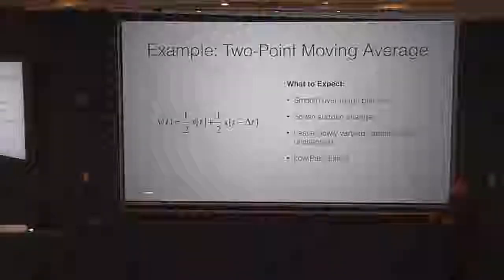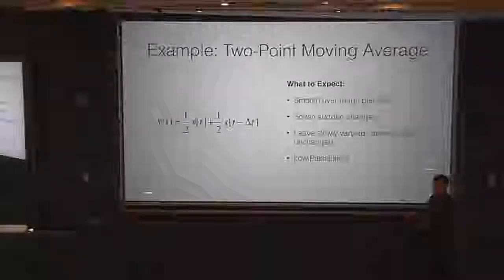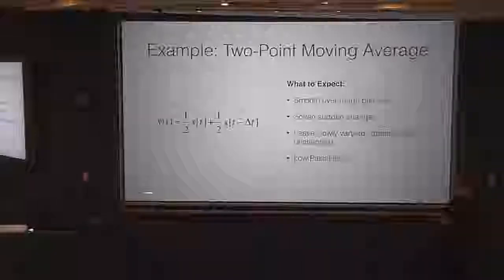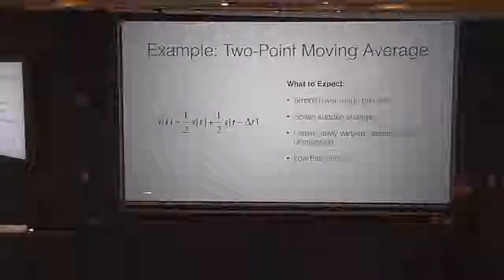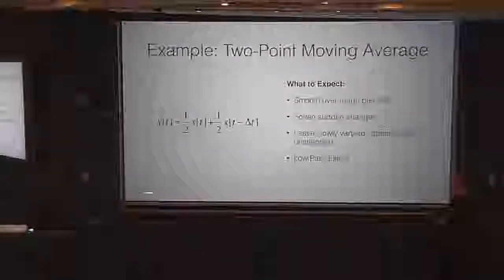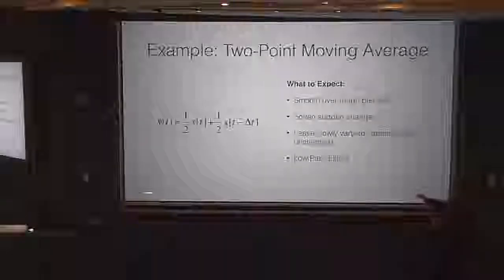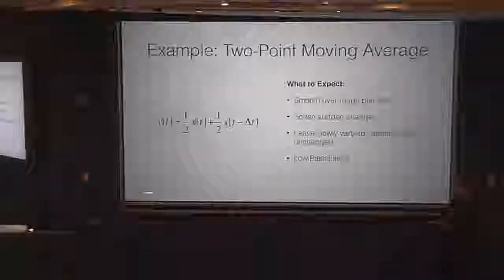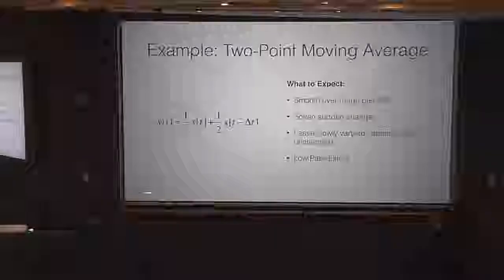We expect that it will smooth out some rough spots, because averaging smooths out roughness. If you have a sudden change, this filter will take whatever that sudden change is, and it will modify it so that it was a little bit like before the change. Or if you go one time to the future, then it'll also do that. So these sudden changes will be softened by this 2-point moving average.